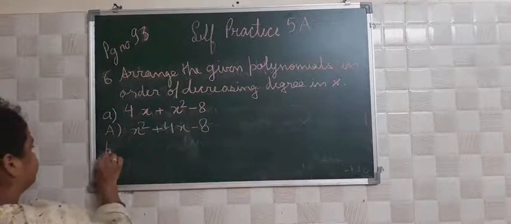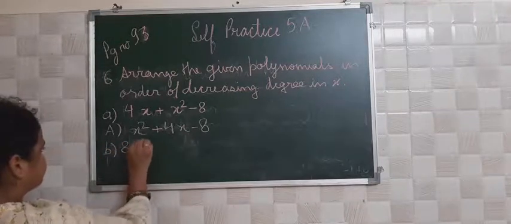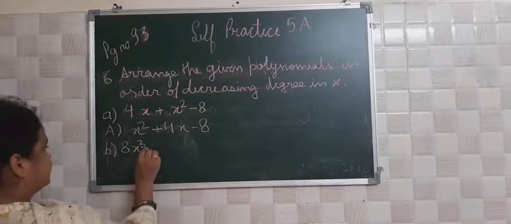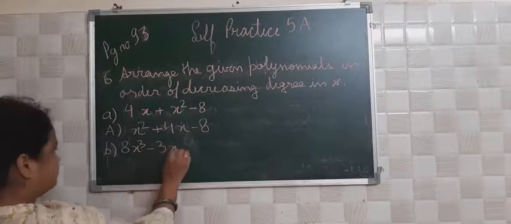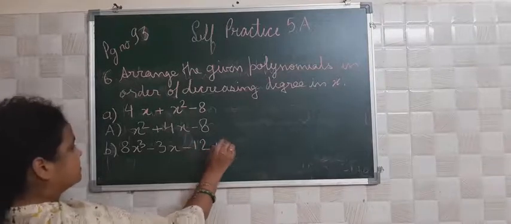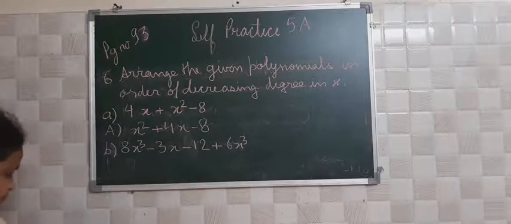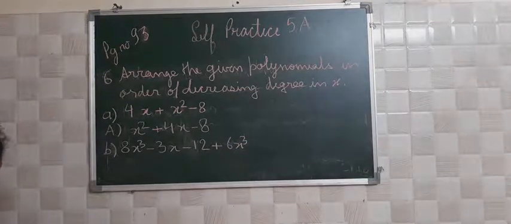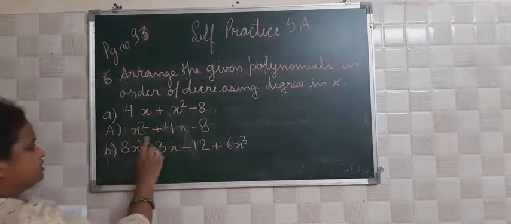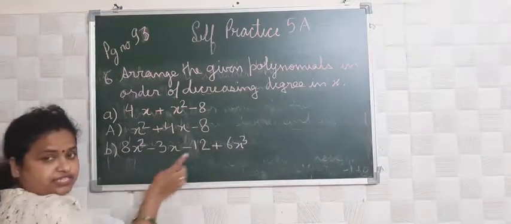Now see same way b part. 8x cube minus 3x minus 12 plus 6x cube. So here which is having the maximum power? 6x cube. So this will come first.